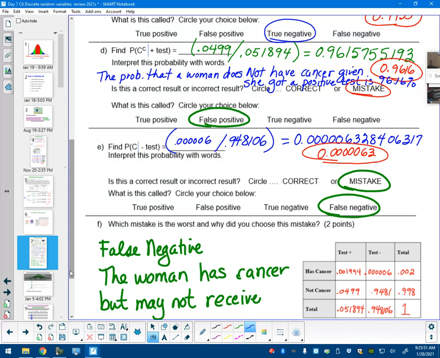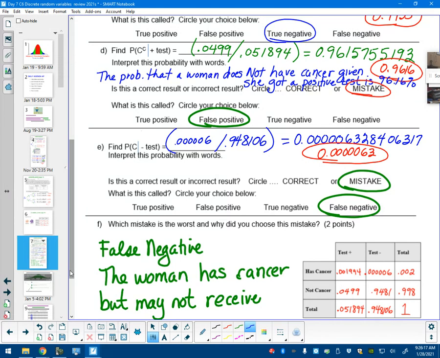Approximately 6 out of 1 million women will get tested for ovarian cancer and be told they don't have it when they actually do. And that's pretty slim, isn't it? If Adam and Eve hadn't eaten the apple, the answer would be 0. But the fact that it's only 6 out of 1 million is pretty good unless you're one of those 6.